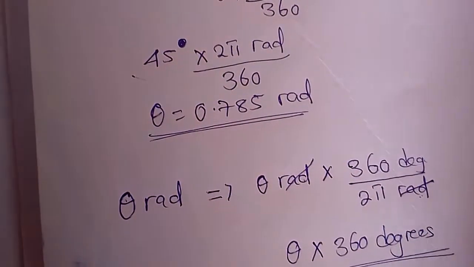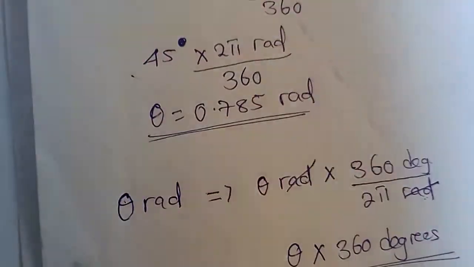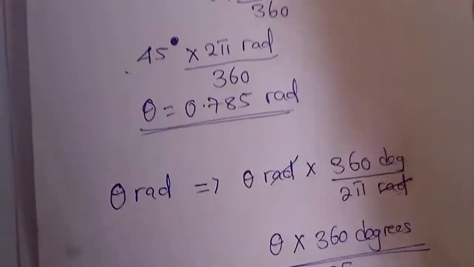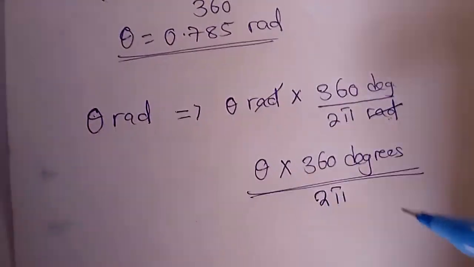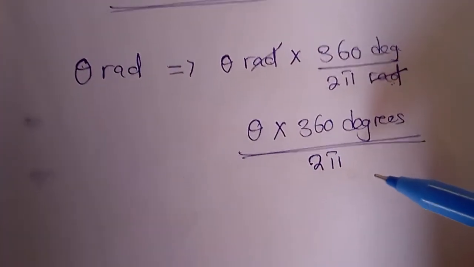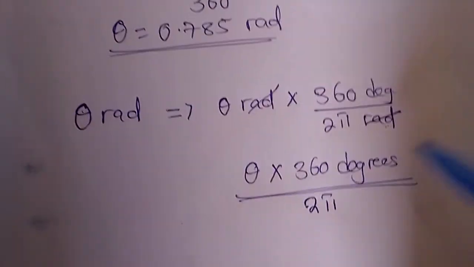And whatever value you are going to have, you simply divide by 2 pi. So whatever value you are going to have in radians, you simply multiply it by 360 degrees and divide it by 2 pi, and you're going to get the value in degrees.